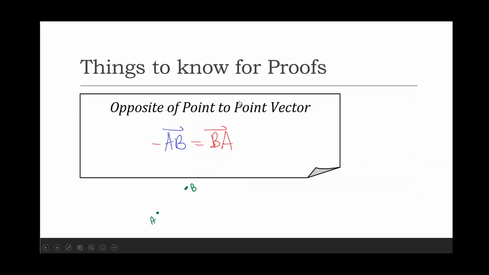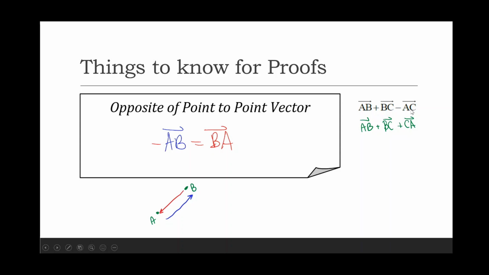Another important thing to note is that if you have two points A and B, and this red vector BA is pointing from B to A, and vector AB would be pointing the other direction, they would be made equal to each other as long as you put a negative in front and swap the order of the letters. Why is this one useful? If you take a look at this expression here, you cannot put these two together because they're not addition in between. So what you could do is rewrite this last one as positive CA.